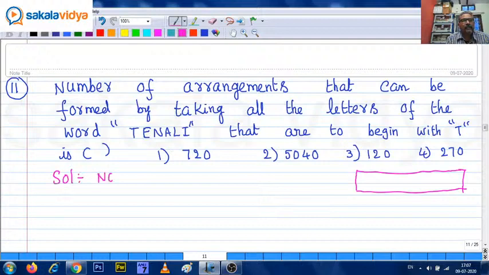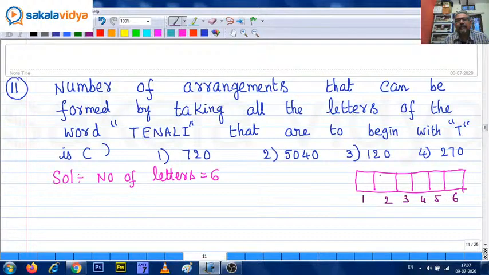Number of letters is equal to 1, 2, 3, 4, 5, 6. 6 letters. That means first place, second place, third place, fourth place, fifth place, sixth place. Begin with T. That means fix T in the first place. Fixed. T is fixed.